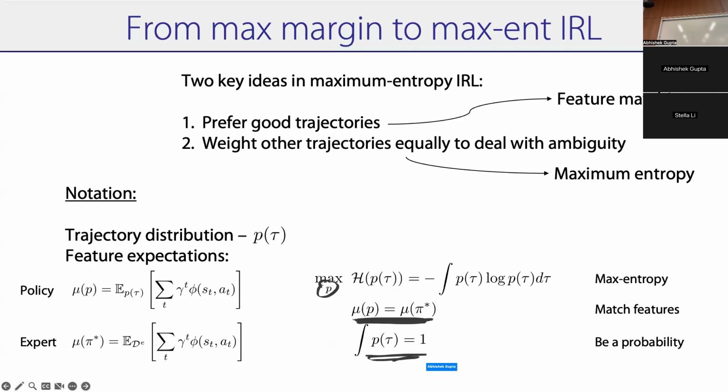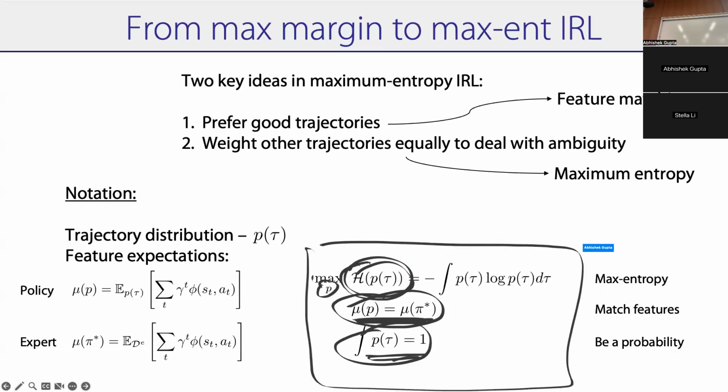The P should be a proper probability distribution, which means it has to integrate to 1. And it has to be maximum entropy. So you're trying to find the maximum entropy P, which matches features and is a probability distribution. So that's all that maxent IRL is.